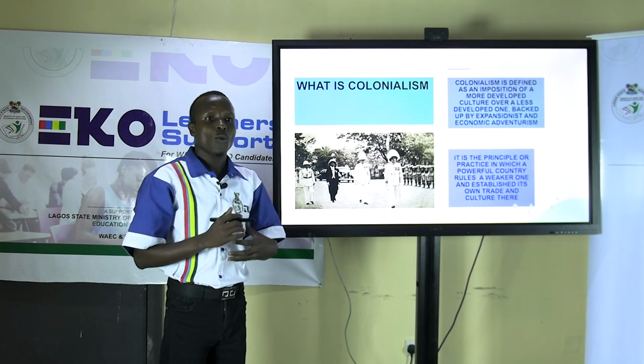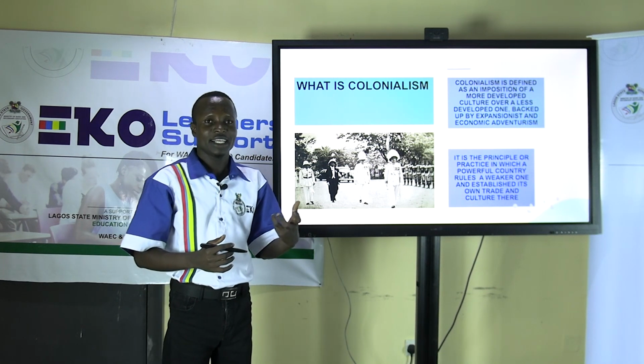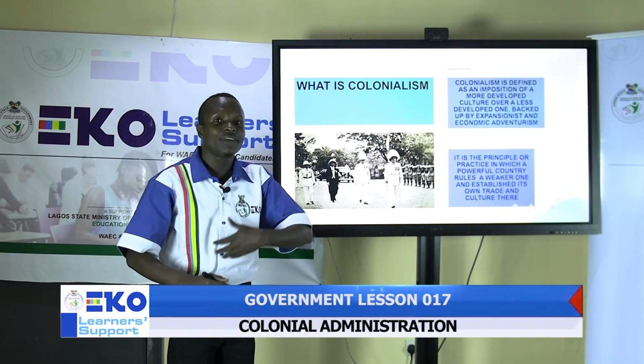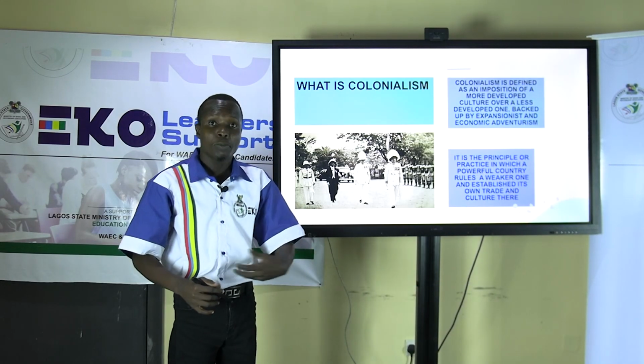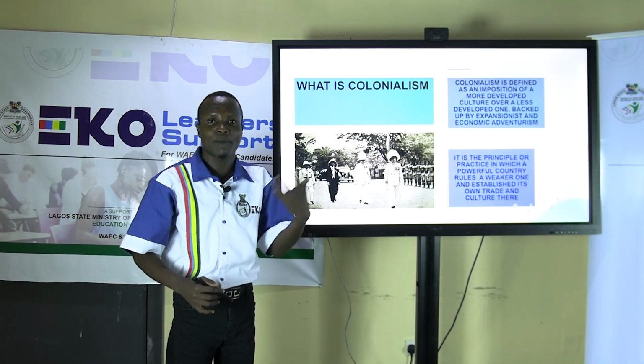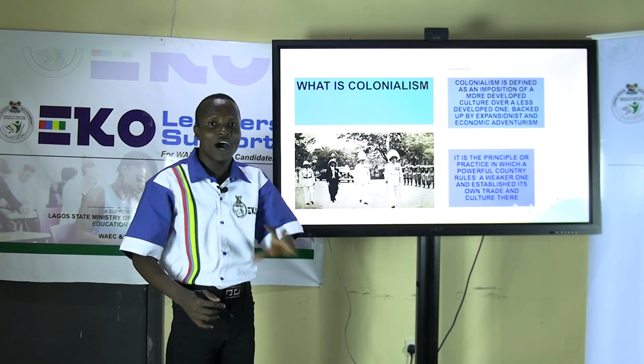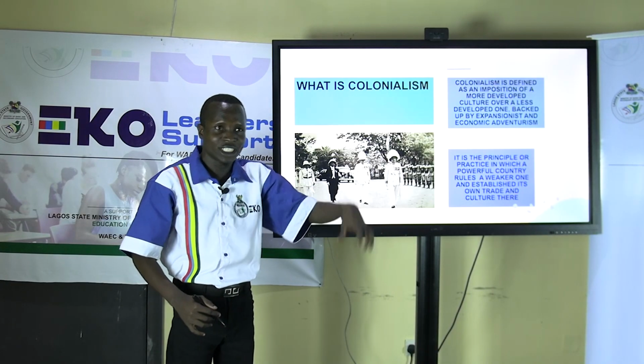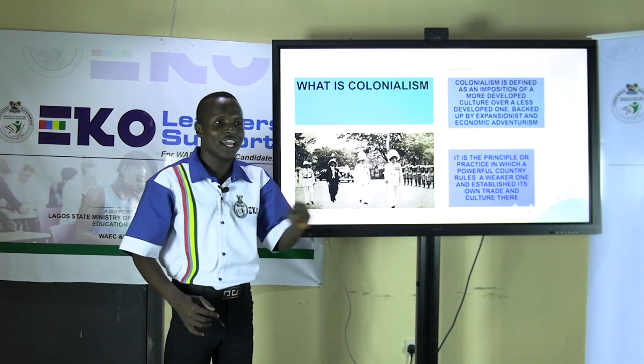It means when a very powerful country rules over a less powerful one for different purposes, economic, political, and socio-cultural, to bring their own culture, their own way of life, and forcefully impose it on them. That is the meaning of colonialism.